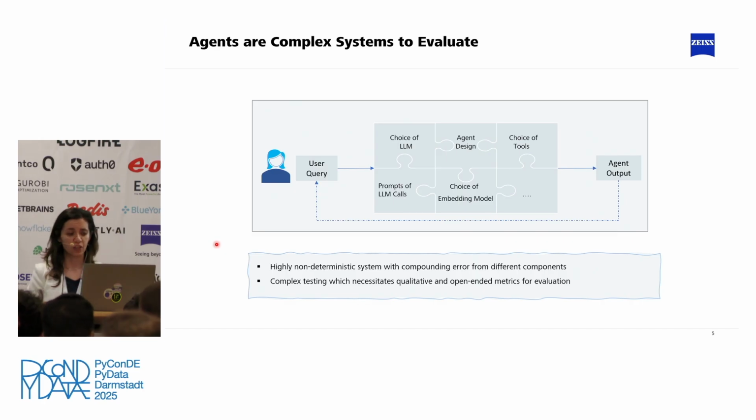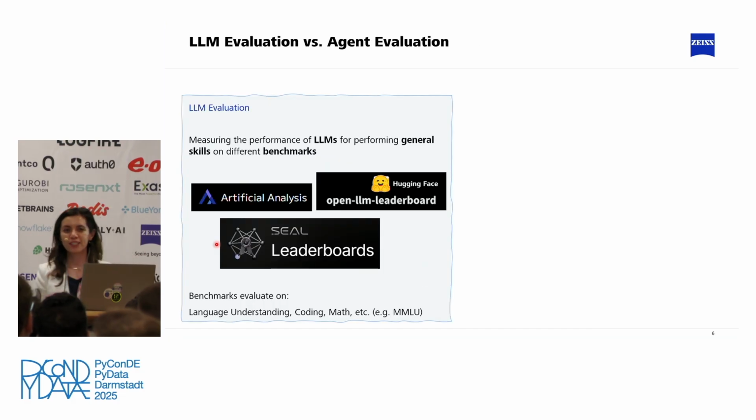These are highly non-deterministic systems, and there is compounding error coming with every different component that we are using, which means the testing will be very complex as well, and it would necessitate qualitative and open-ended metrics for evaluation. Now, for delving forward into the evaluation, I would like to distinguish between two different topics here: LLM evaluation versus agent evaluation. Because the evaluation of LLMs themselves is actually available already.